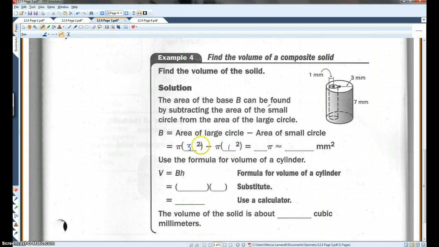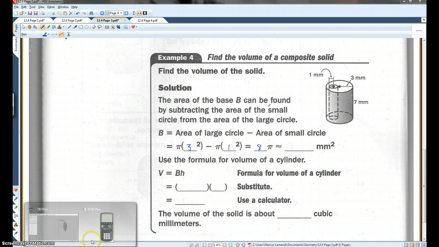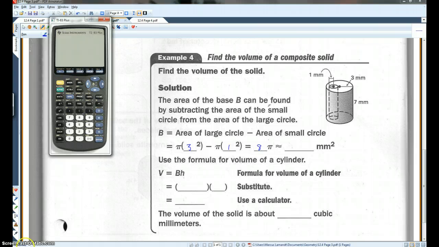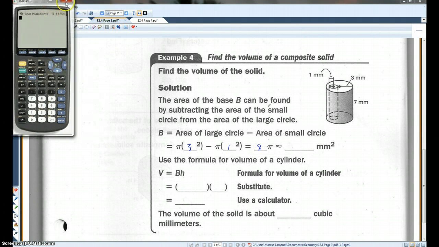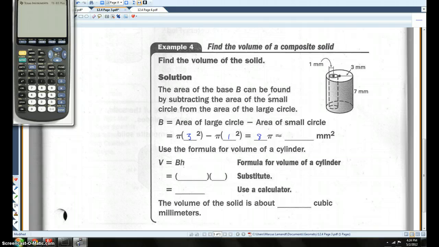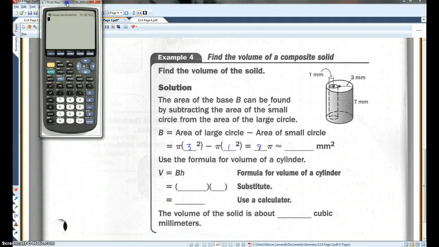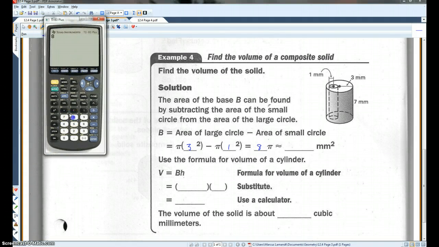Okay? 3 squared is 9. 9 pi minus 1 pi is 8 pi. And 8 pi is approximately, alright, oops, eight pi is about 25.13.